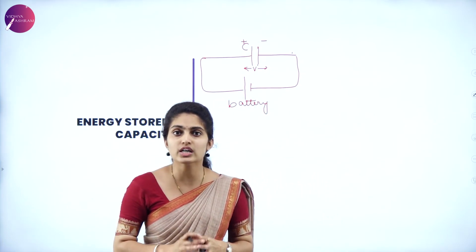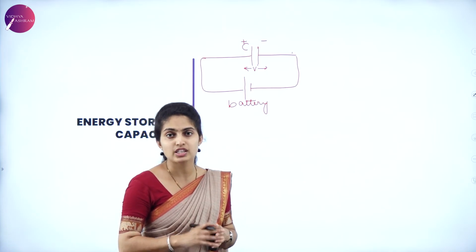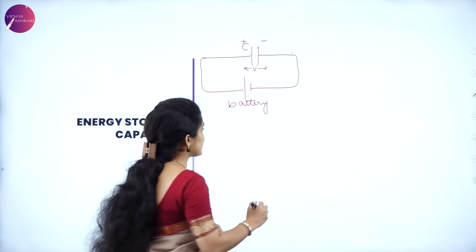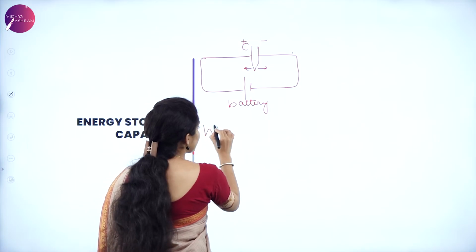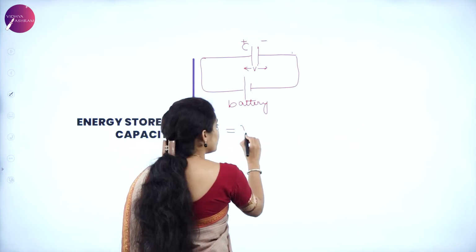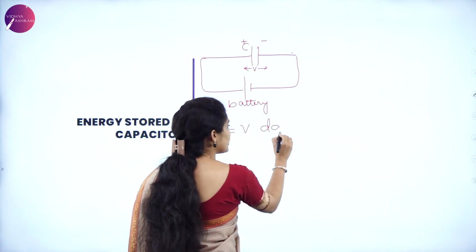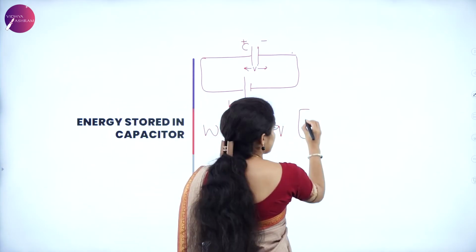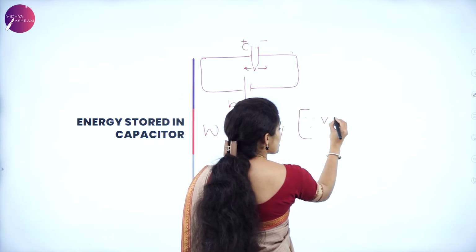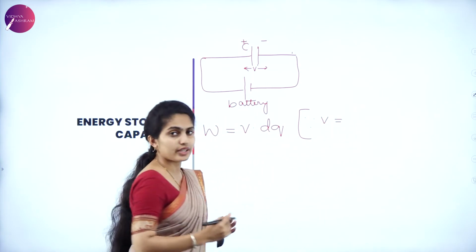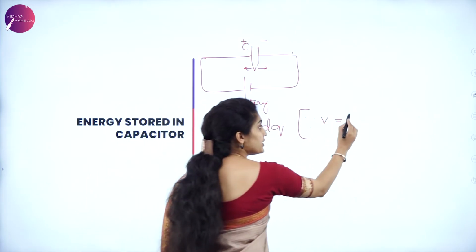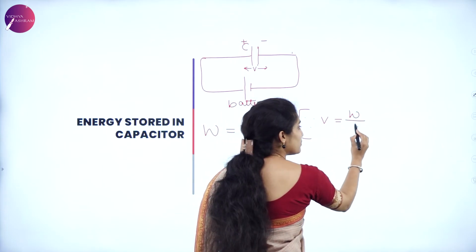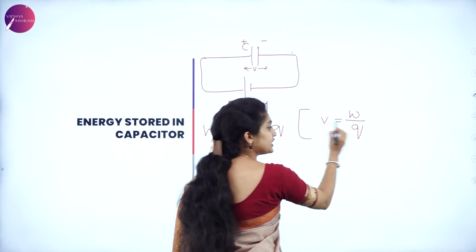And that work done in bringing the charge from 0 to Q is W equals V into dQ. How did we get this equation? We know that electrostatic potential means work done in bringing a unit positive charge from infinity to that point.